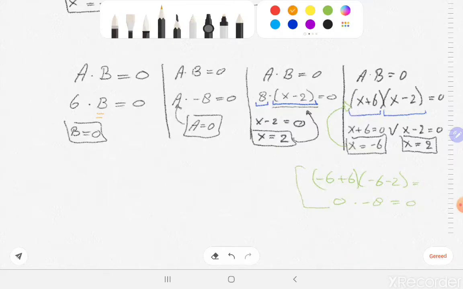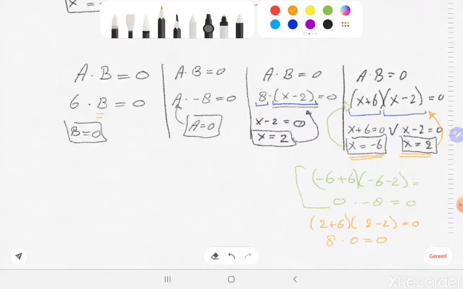Now let me look at x is equal to 2. If we fill in that one, we get inside the bracket 2 plus 6, times 2 minus 2, is equal to 0. 2 plus 6 is 8, times 0 is, of course, 0. So we just checked that the solutions x is minus 6 and x is 2 are correct.